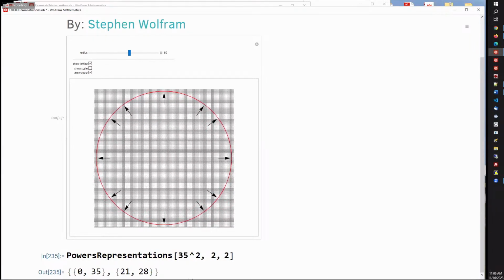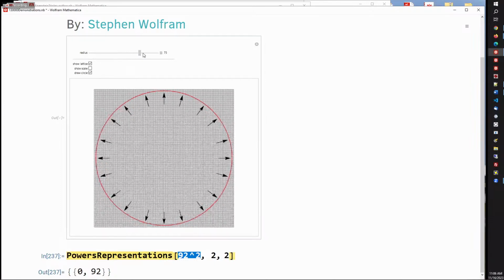Let's see if we can, I remember 90 is one that has, or maybe it was 192. Not sure what the number is, but there are certain numbers that lead to a lot of lattice points. That's one. What one was that? 75, that was what it is. 75 has three values that are powers representations, the sum of two squares.